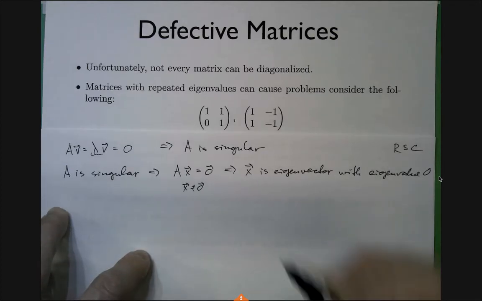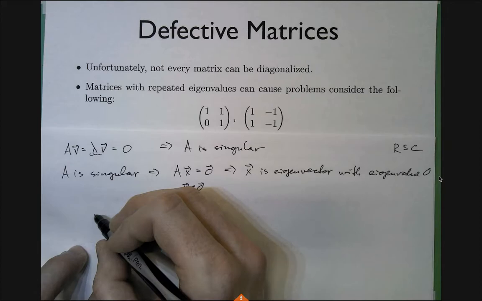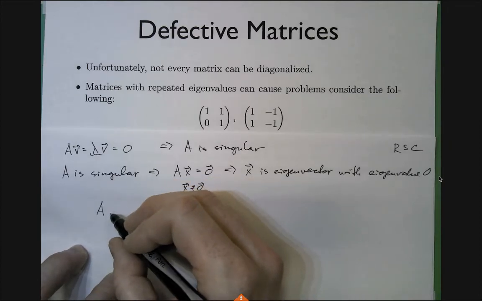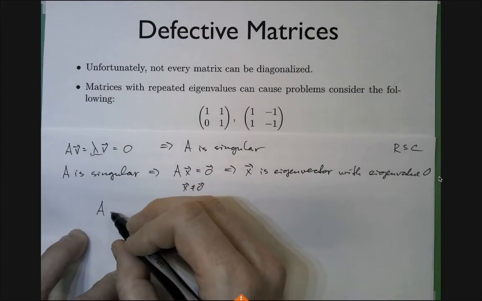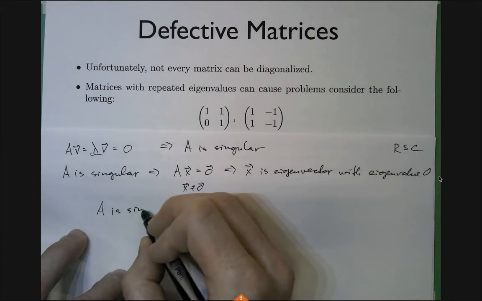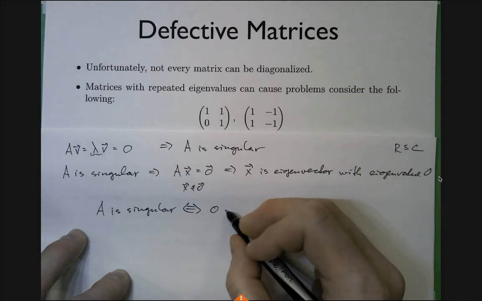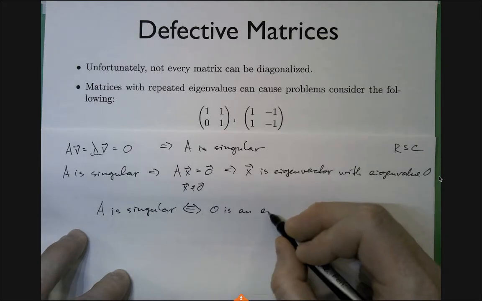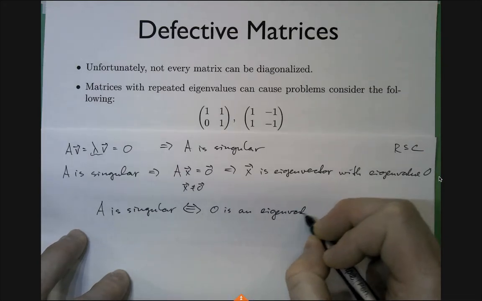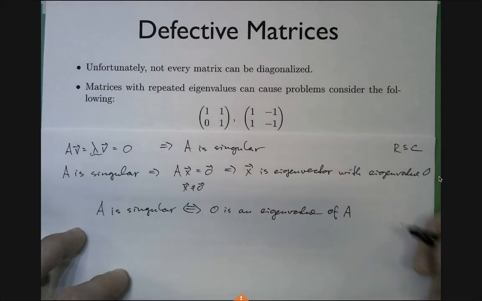You can combine this in a statement saying that it's sort of trivial, but it's good to realize this: A is singular if and only if 0 is an eigenvalue of A.